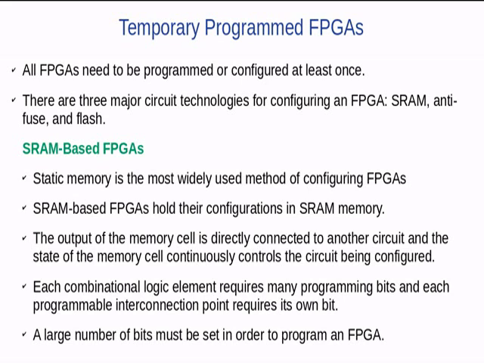As we know, FPGA architecture has three main components: combinational logic block, interconnections and I/O pads. Combinational logic block and interconnection are the reconfigurable elements. So for these blocks we need to program the bits logic. A large number of bits must be set in order to program an FPGA.